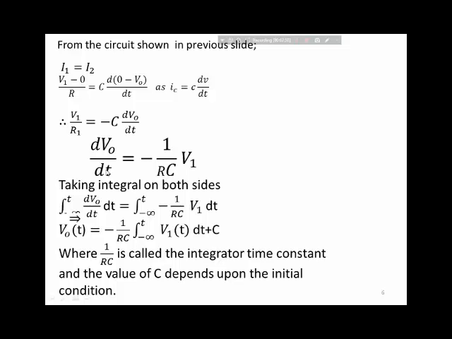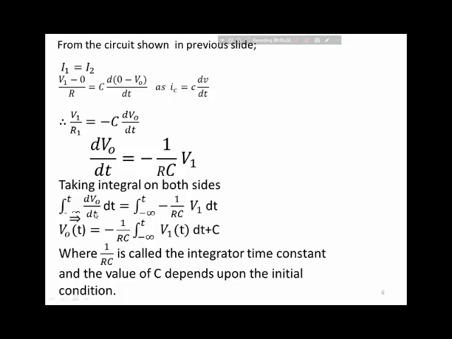So integrating both sides of this equation, the integral from minus infinity to t of dV0 by dt into dt would be equal to the integral on the right hand side, from minus infinity to t, of minus 1 over RC into V1 dt.